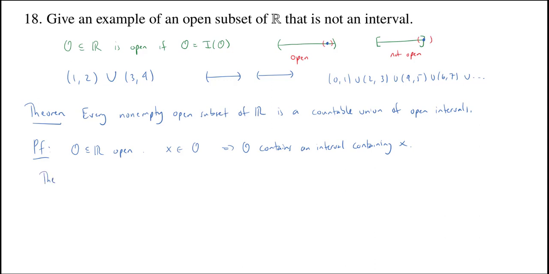So the union of all intervals containing X, which is non-empty because we know there's at least one.